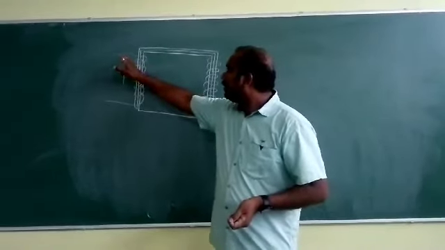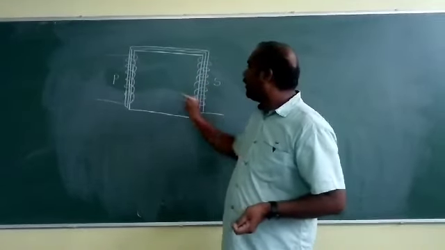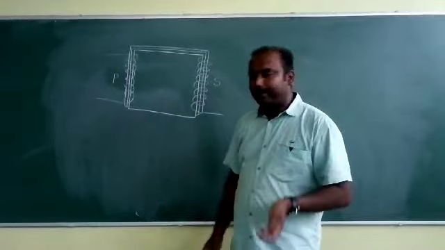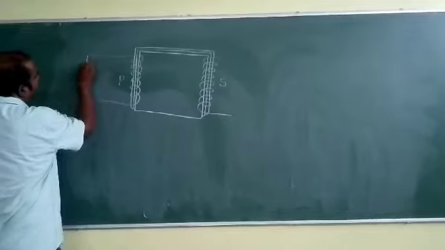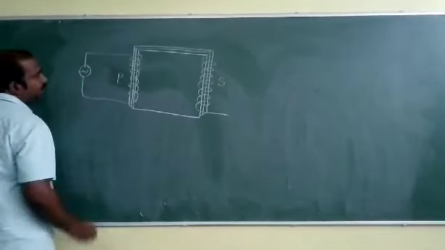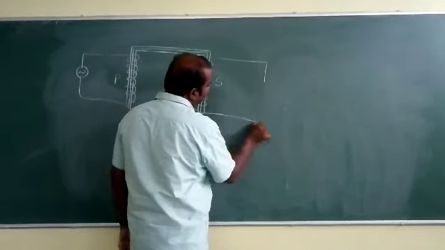On one side, one copper coil is wound, and on the other side, one more copper coil is wound. Here it is called the primary coil, and here the secondary coil. The primary coil is connected to an AC source, and the secondary is connected to the load.